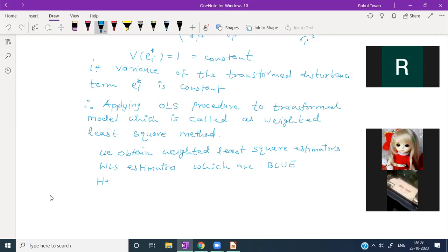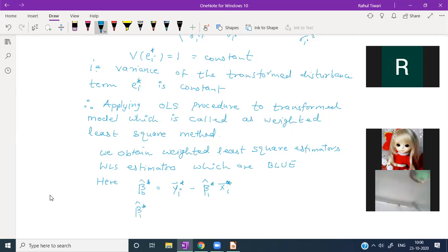So what could be your beta naught? Beta naught is equal to y bar i star minus beta 1 hat star into x bar i star. And what could be beta 1 hat star? Now you are adding wi, so wi is one term.